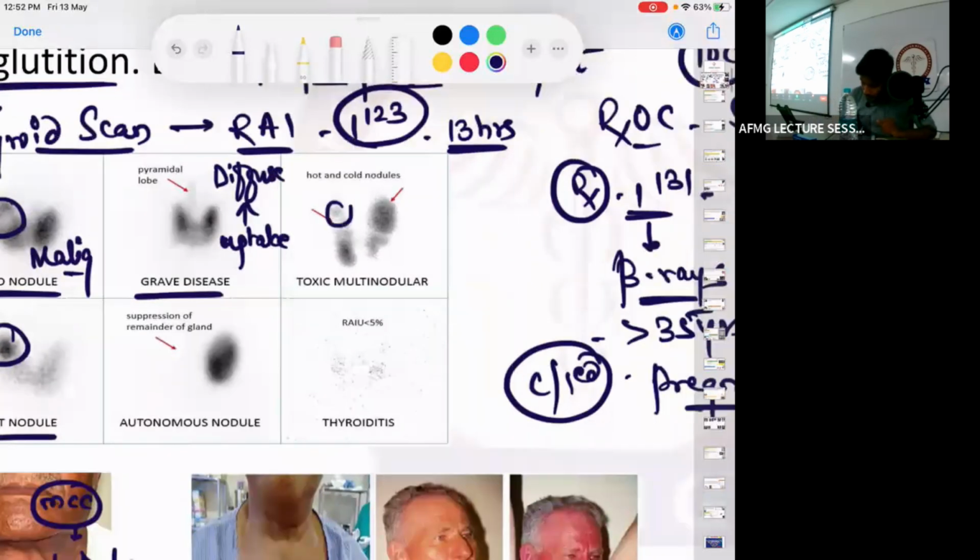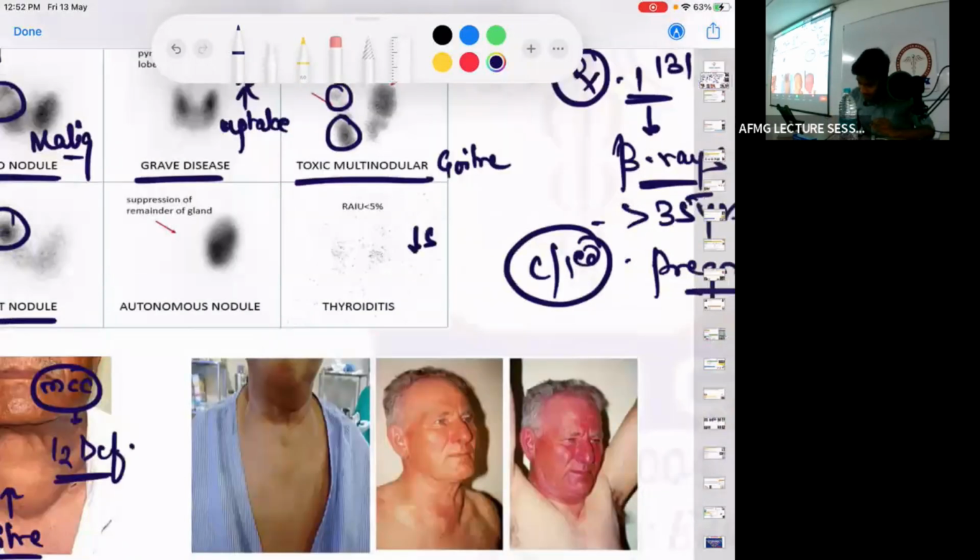If I see some cold nodules and some hot nodules, then it is suggestive of toxic multinodular goiter. Hot plus cold, toxic multinodular goiter. No issues with this. And if there is a decreased uptake throughout the gland, it is suggestive of thyroiditis.